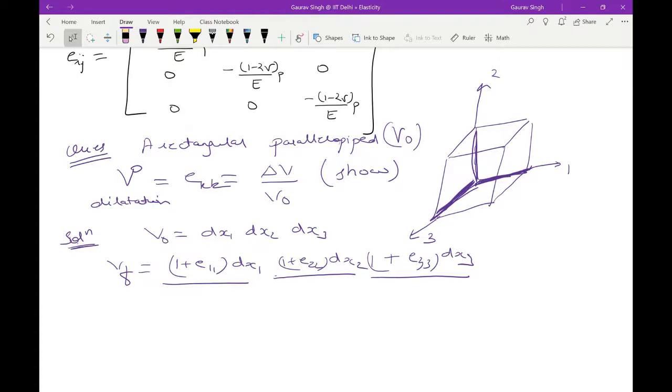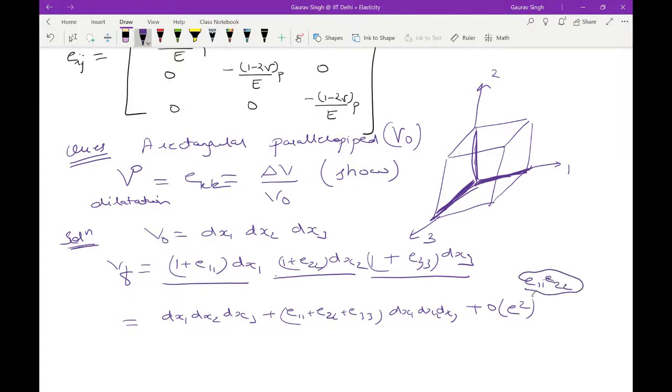Okay, so let's expand this. That would be dx1 dx2 dx3 plus (e11 plus e22 plus e33) dx1 dx2 dx3, and then there are the other terms which are the squares of strains, meaning for example it can be e11 e22, so terms like this and many more.